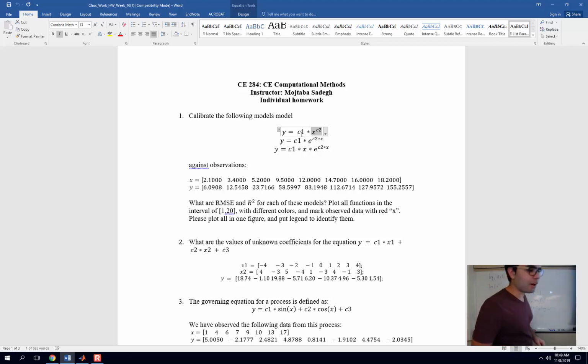But what if I replace log of C1 with, for example, D. Instead of log of C1, I put D. D plus C2 log of x. Let me rewrite this here.